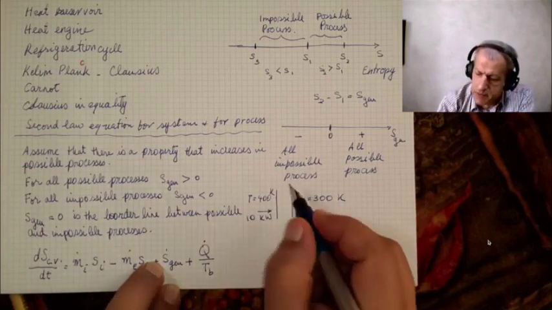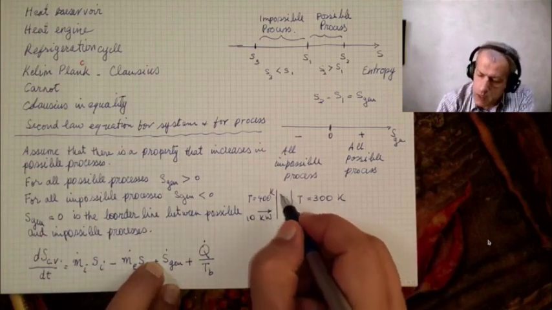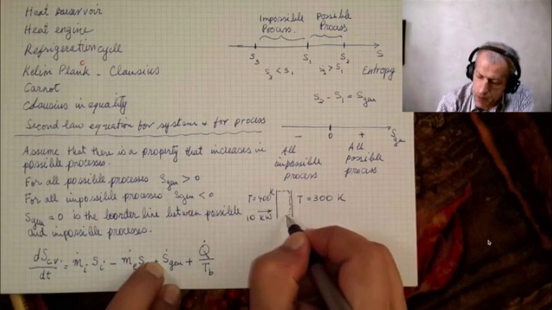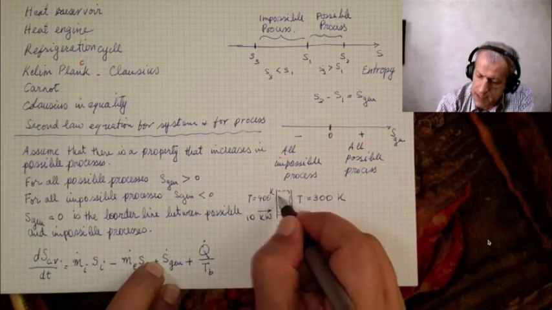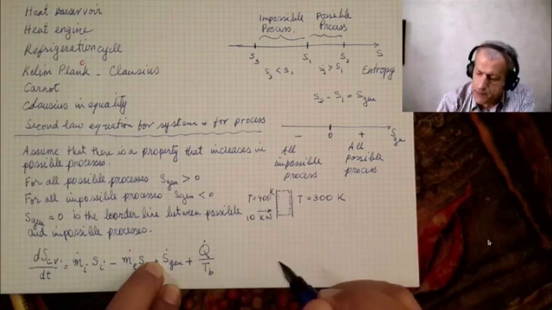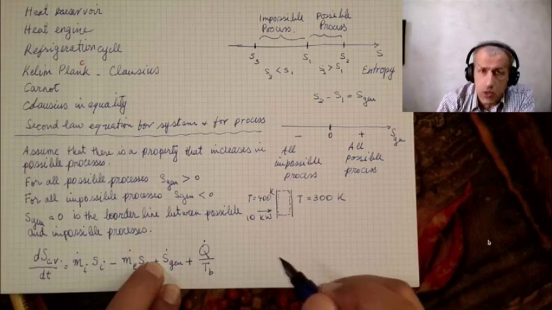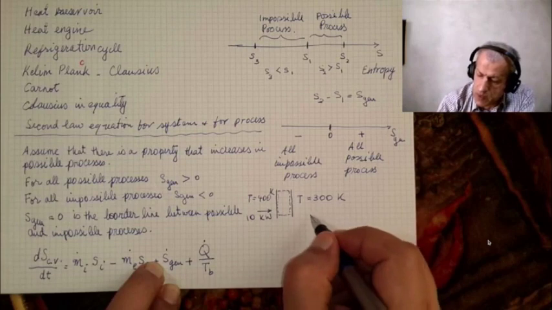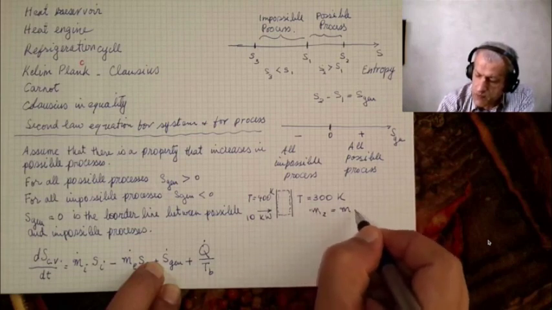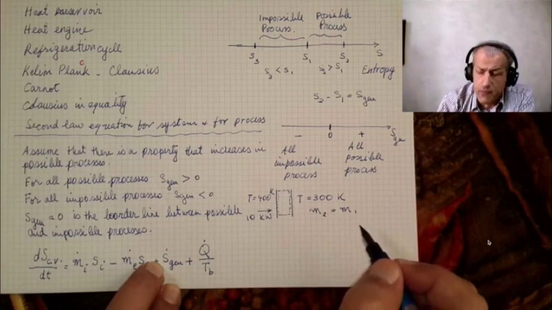It's very simple. What we do is we choose a boundary. This is our system. For that boundary, we know that m2 equals m1 from the mass conservation law.